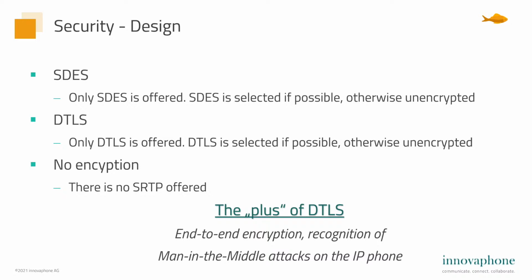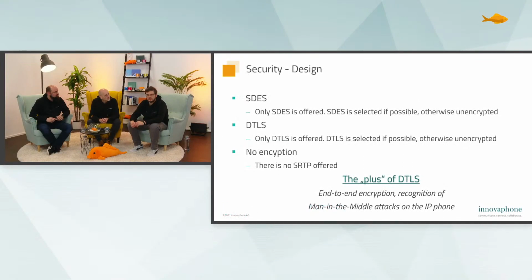So the browser, if I understood you correctly, is mandatory to have DTLS only. They don't do SDES at all. Yeah, if you use a browser-based softphone, it's always an encrypted communication.